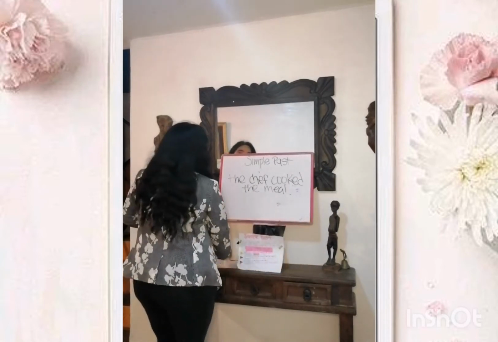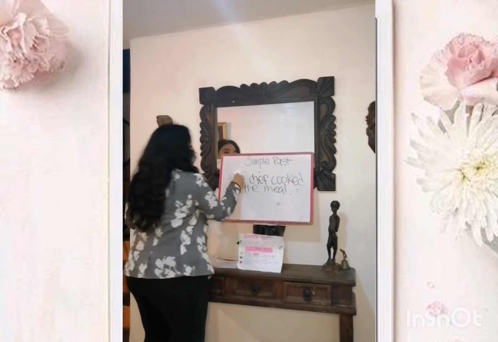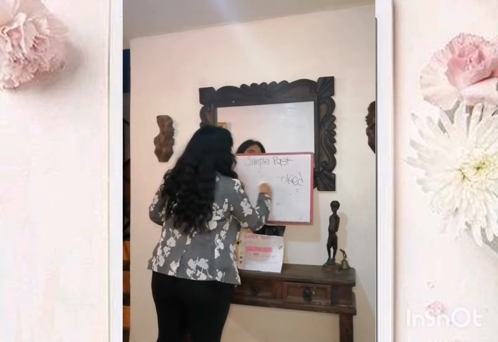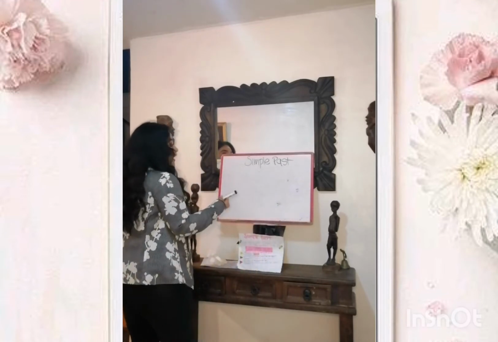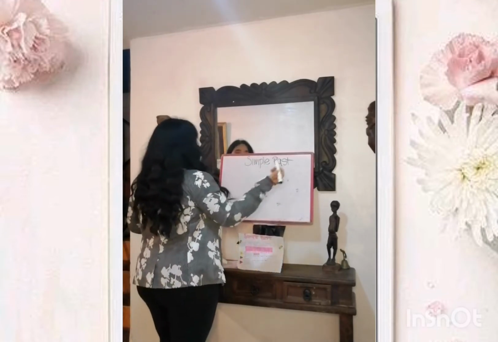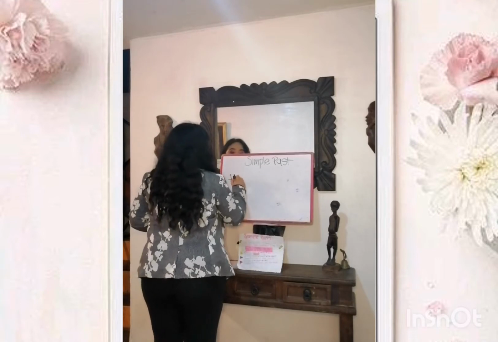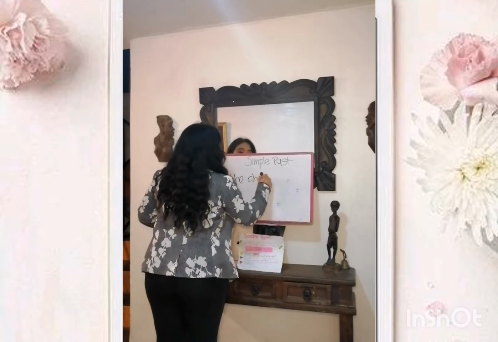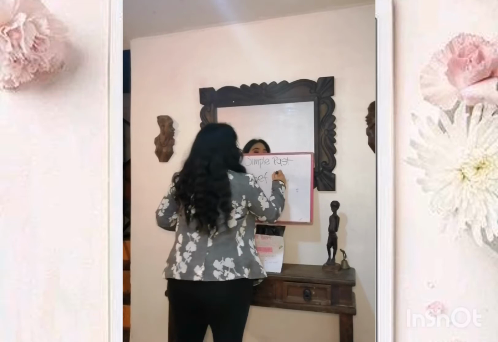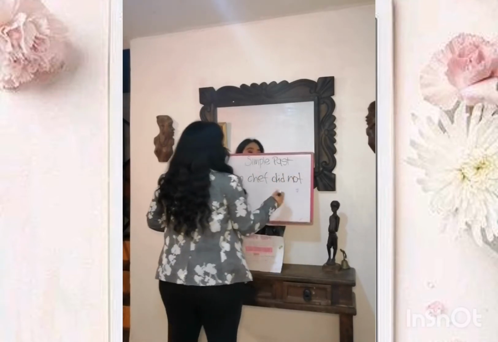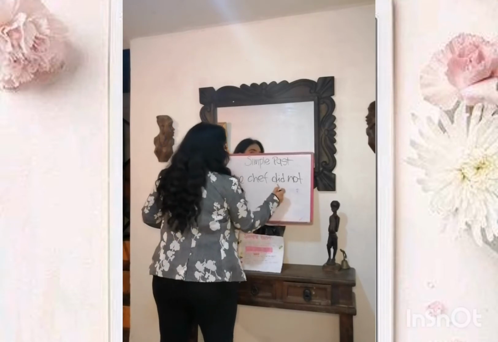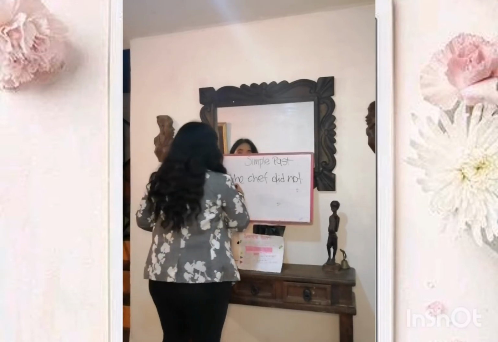So this is the chef cooked the meal, the positive sentence, and now we're going to verify the negative sentence. It will be the chef, we're gonna add did not, because this is part of the negative sentence. Did not cook.